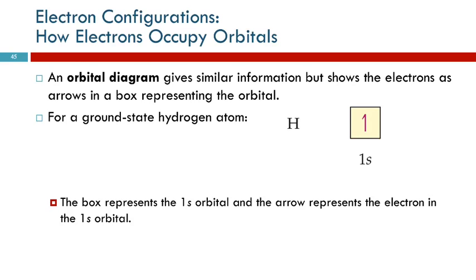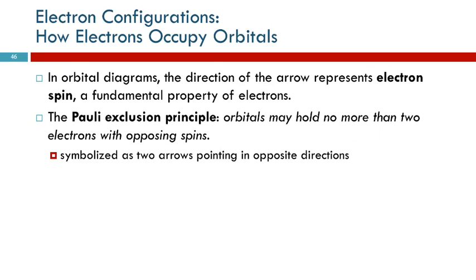An orbital diagram is a little more of a picture. So here's a box. The box represents the 1s subshell, and we indicate the electrons as arrows. So it's a half-headed arrow, and so there's 1 arrow in that box. The direction of the arrow in the box represents spin. It's a fundamental property of electrons.